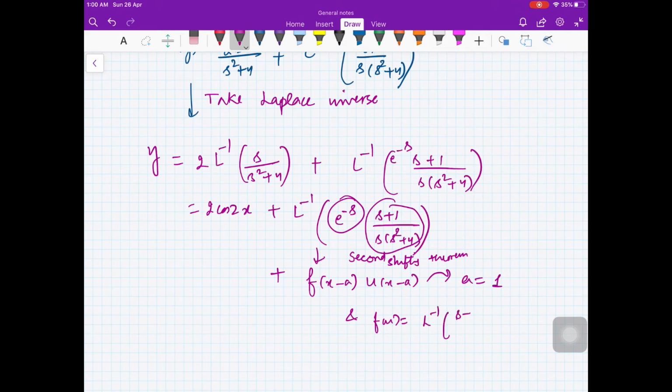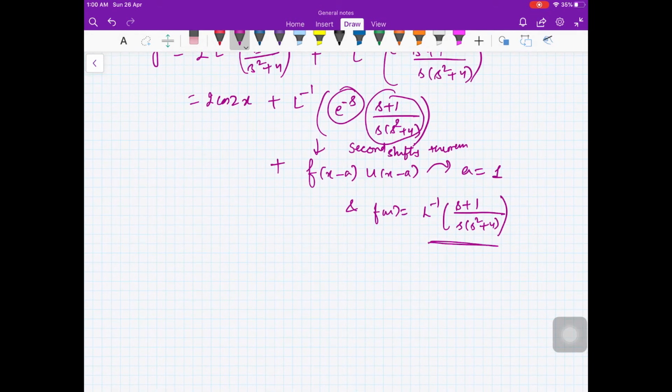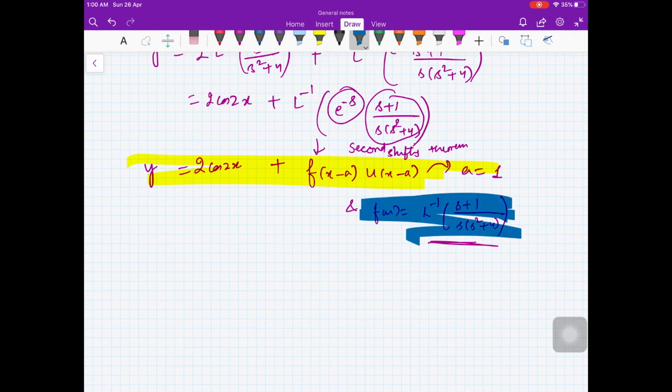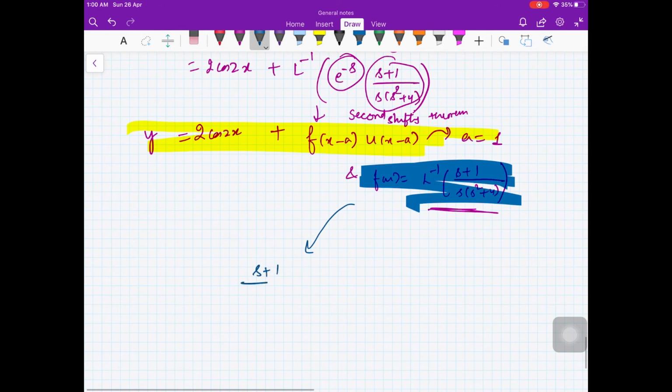A is 1 and f of x will be computed as L inverse of (s plus 1) upon s into s square plus 4, right? So we have to find this now. Later on we will come back to this point, so we'll just save it. First we are finding this quantity. Okay, so let us do this.